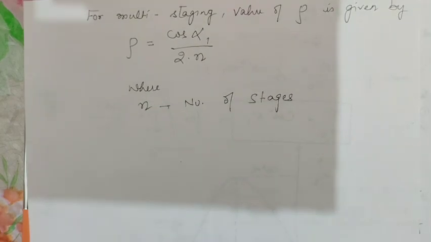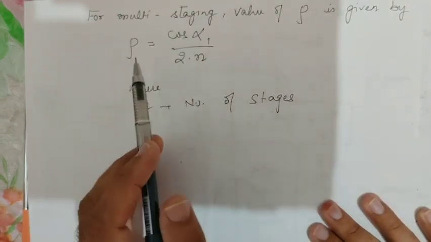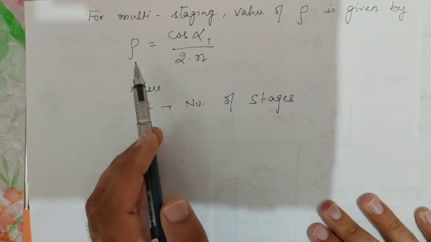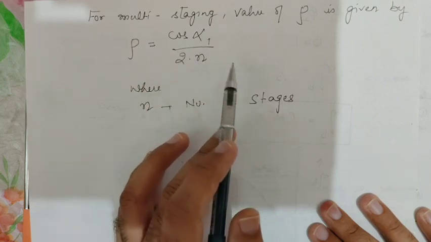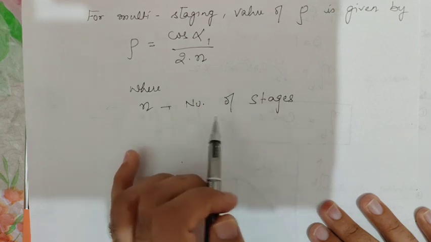If we are using a 2-stage turbine, then n is 2. When you are using a 3-stage turbine, n is 3. So in a multi-stage turbine, the only difference is that the value of rho, cos alpha 1 by 2, is multiplied by 1 by n, where n is the number of stages.